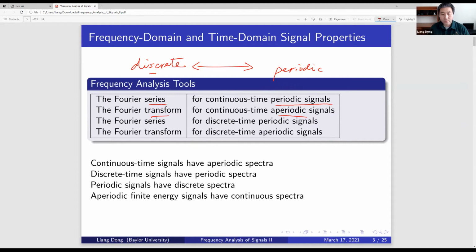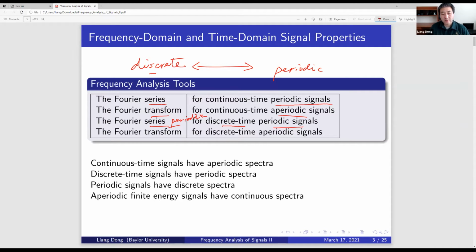Similarly, if I'm dealing with a periodic signal but in discrete time, it's discretized, so I need to use a Fourier series expansion. It's a summation, and because it's discrete time, it is implied that it's also periodic in the frequency domain, and we will see that in the formula.